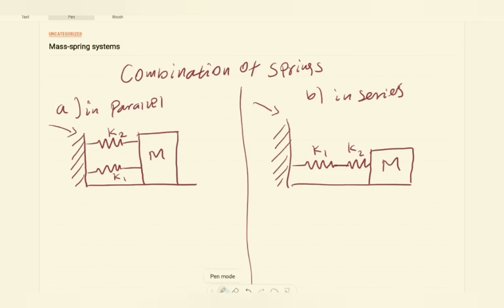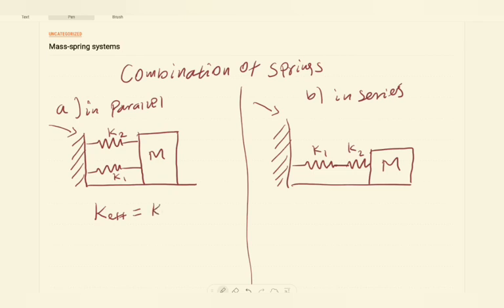So what I'm going to do is simply showing you the effective spring constant for parallel and series connection. Of course, for parallel connection, the effective spring constant would be the sum of the spring constants.